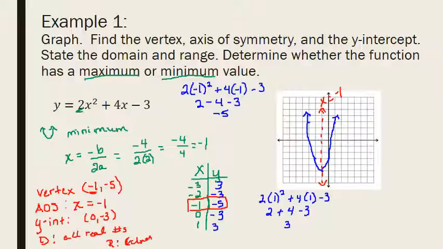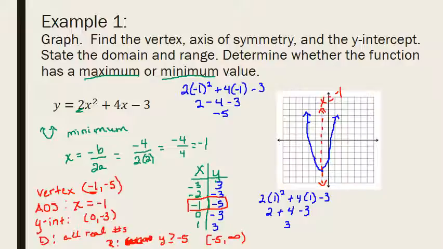I'm sorry, scratch that. Okay, the lowest y value, because remember the range is our y value, the lowest y value is -5, and then all the way to infinity. So it would be y is greater than or equal to -5. If you wanted to write that as we do in Algebra 2, it would be bracket -5 to infinity, and then parentheses.